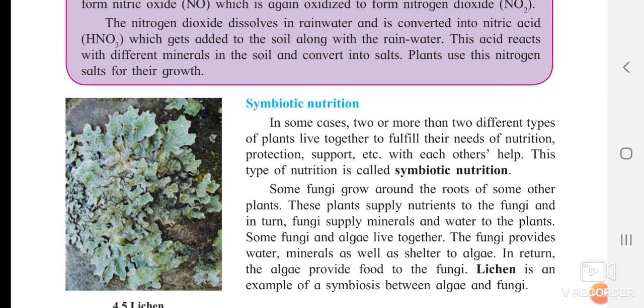You will give me this part, so I am supposed to give you that part. The combination of them is lichen. It is one type of plant which consists of fungi and algae, and it is one example of symbiotic nutrition. If anyone asks you which plant is an example of symbiotic nutrition, your answer will be lichen.